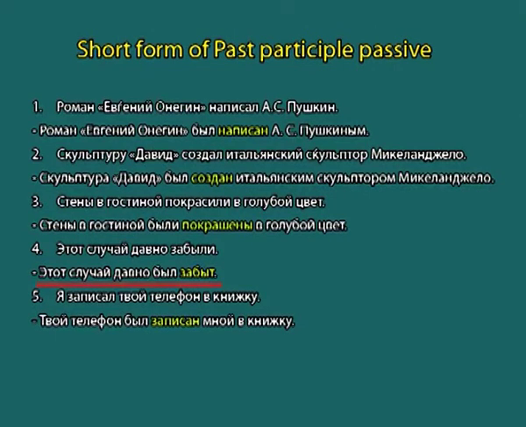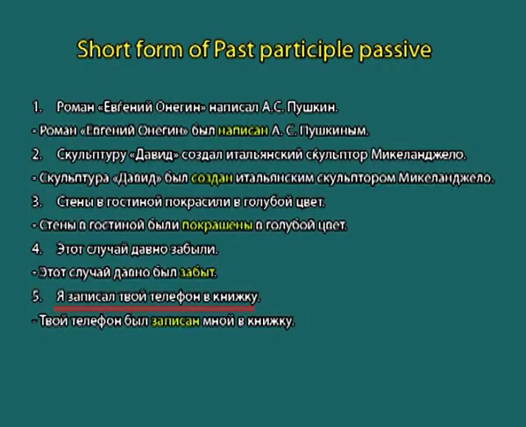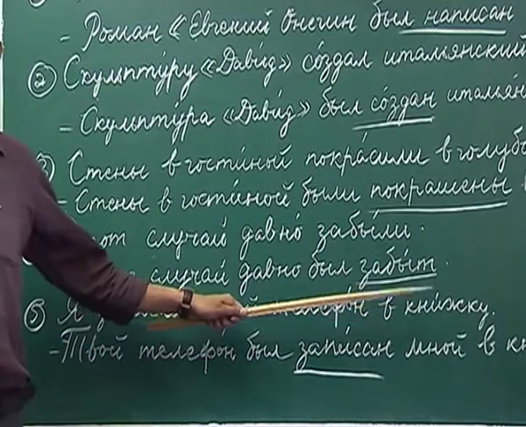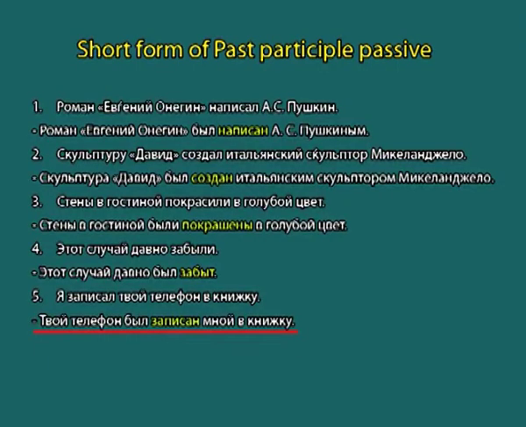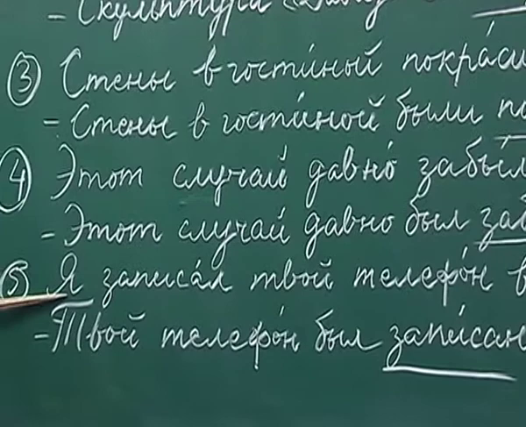And the last example we have is Ya zapisal tvoy telefon v knizhku. I noted down your phone number in the book, or small book. Tvoy telefon byl zapisan mnoy v knizhku. Here mnoy comes from the subject ya.